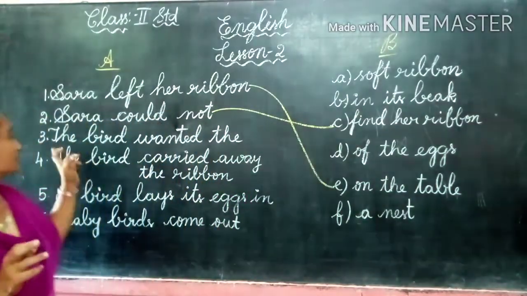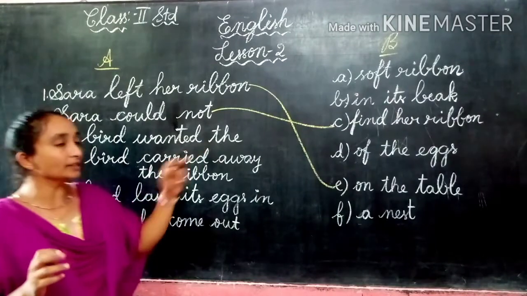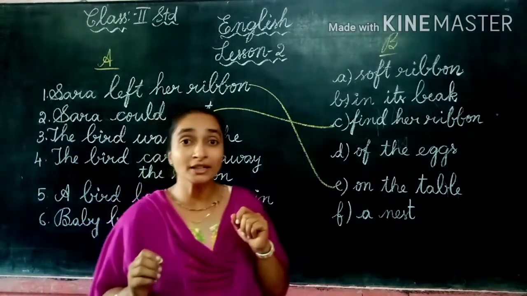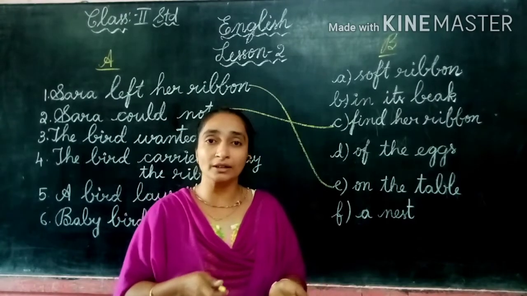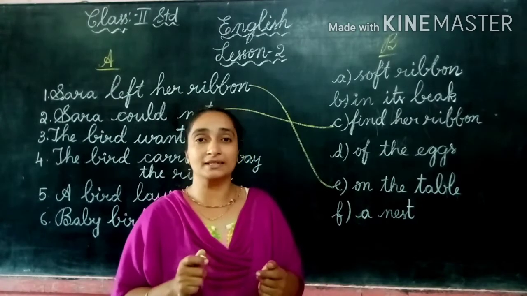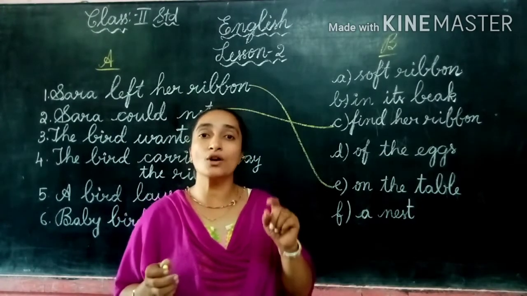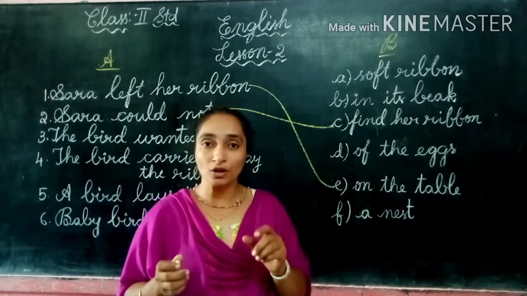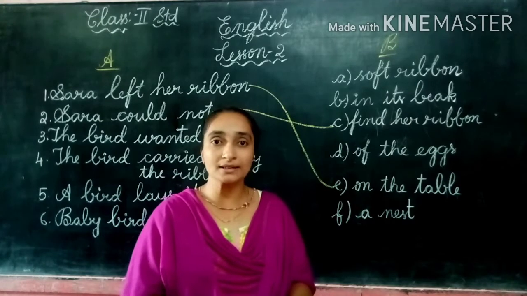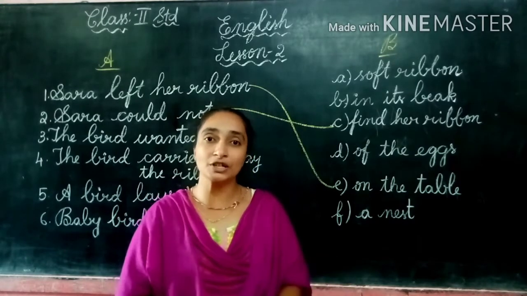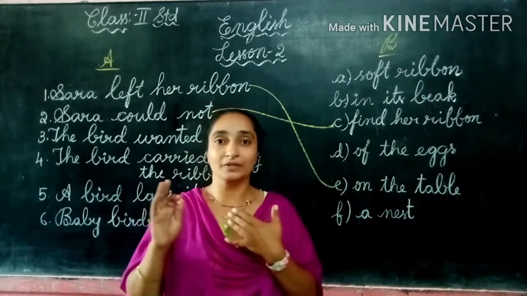Now the third one is the bird wanted the. What did the bird want? For what purpose did the bird come inside the house? Yes, she wanted the soft ribbon. When the bird saw Sarah's ribbon on the table, suddenly she flew away, taking up the ribbon in its beak.